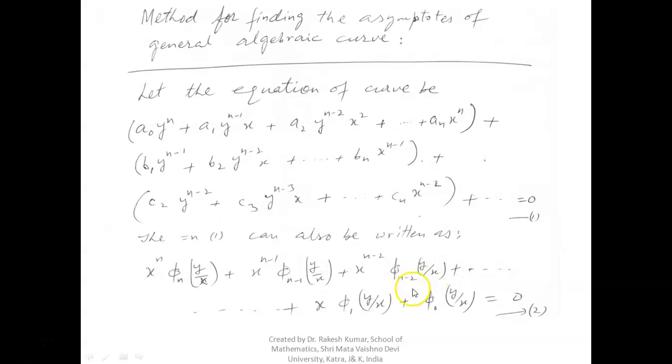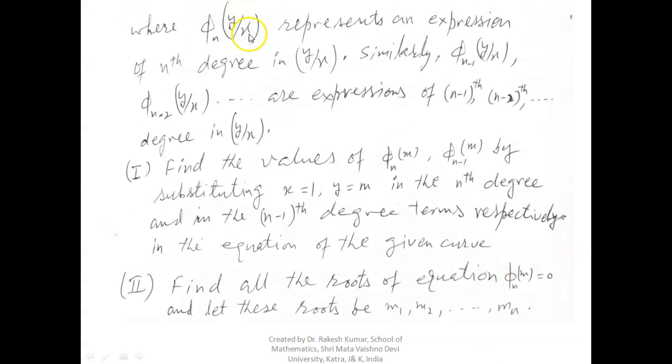Then similarly we can write for all others, equal to 0. This is equation number 2, where phi n (y/x) represents an expression of nth degree in y upon x. Similarly, phi n-1 (y/x), phi n-2 (y/x) are expressions of degree n-1, n-2 in y upon x, and so on.